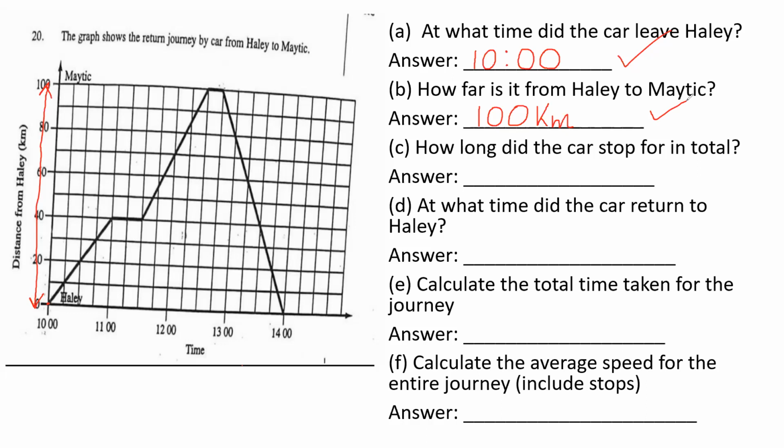The next question is, how long did the car stop in total? So what we have here is it stopped here, right? And how much is that? This is 11:15, this is 11:30, 11:45, 12 o'clock, right? So how many minutes is this one? It's going to be 30 minutes, right?